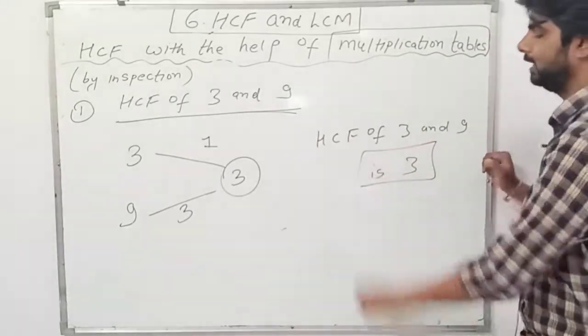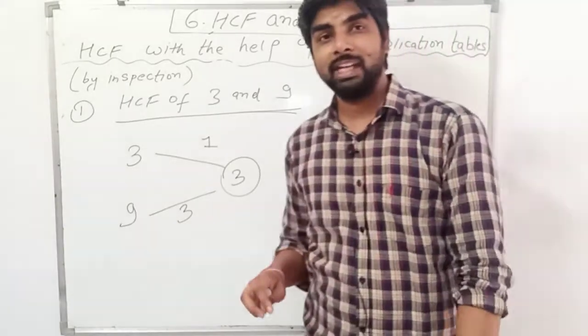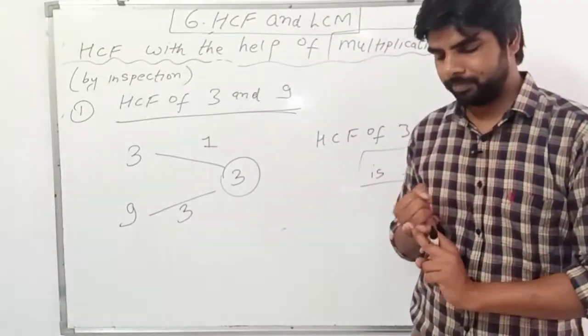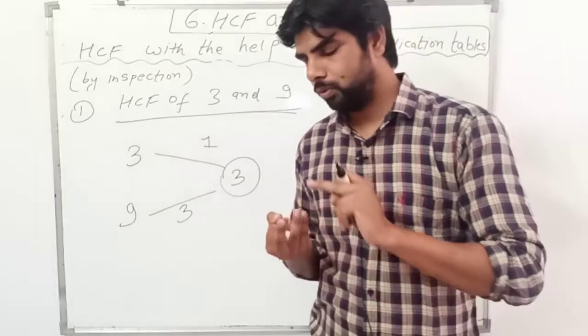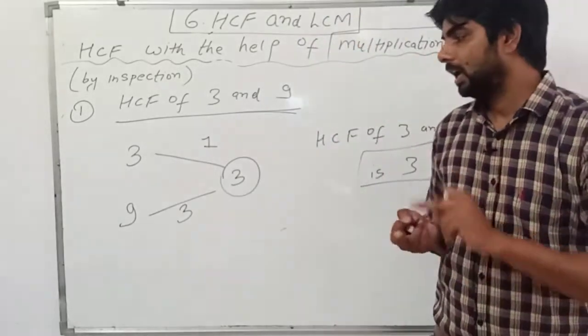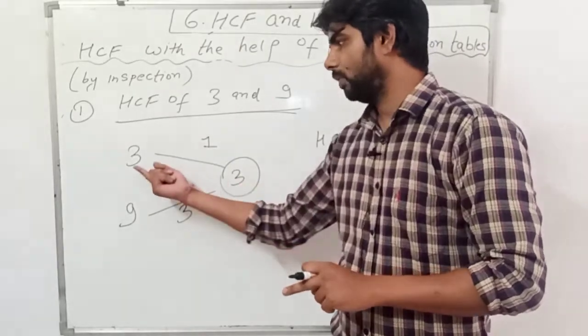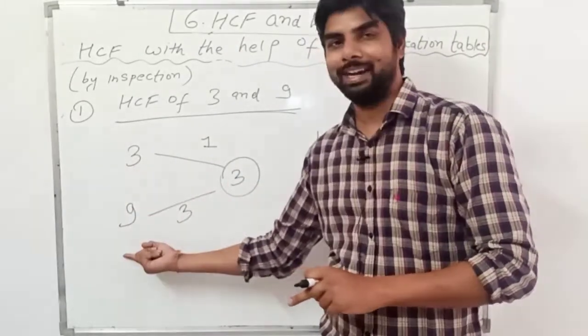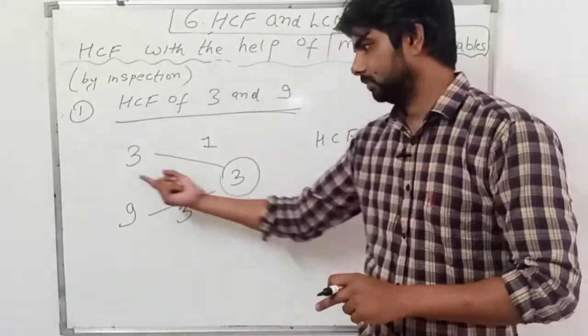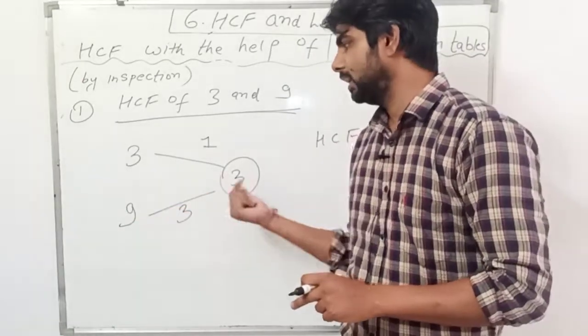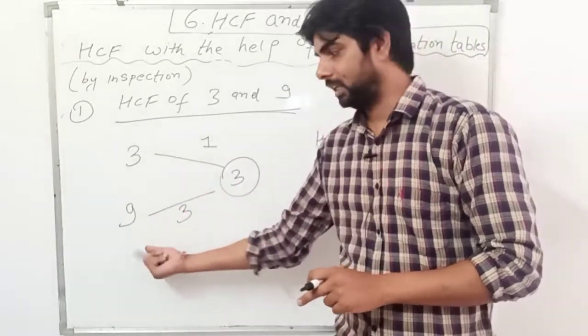What we are inspecting is only tables. We have seen the table of 1, then the table of 2, then the table of 3. In the table of 3, 3 comes and 9 also comes, meaning 3 is divisible by 3 and 9 is also divisible by 3.